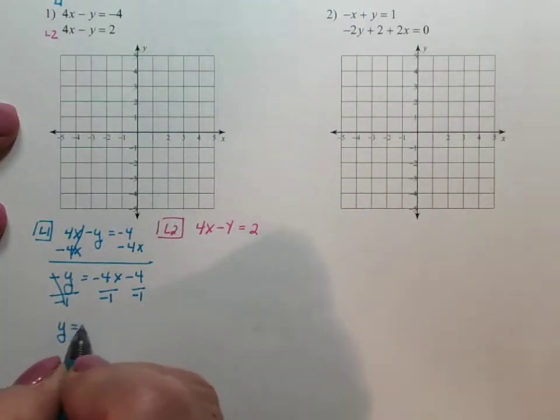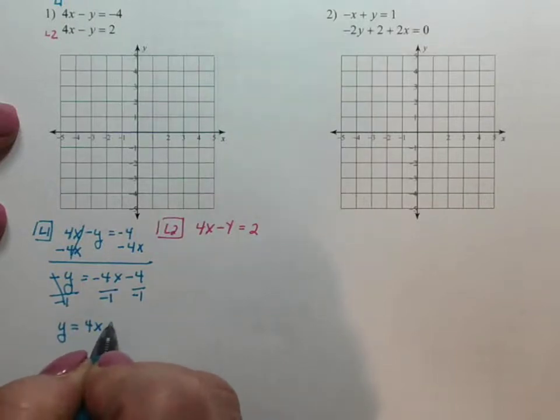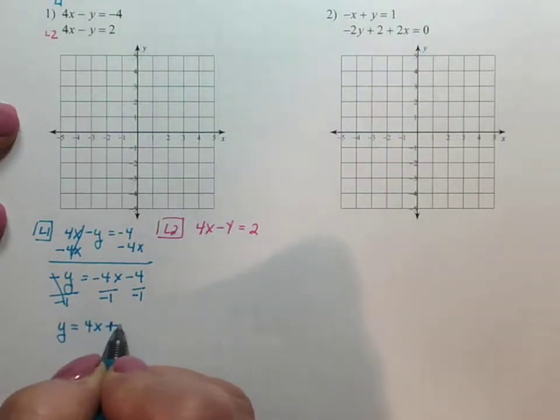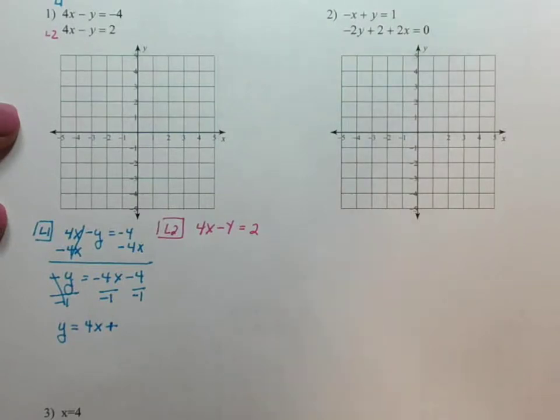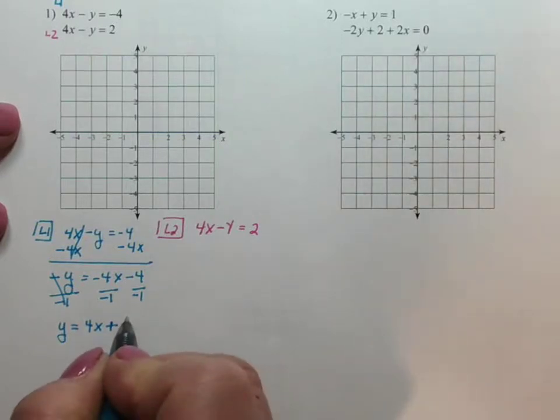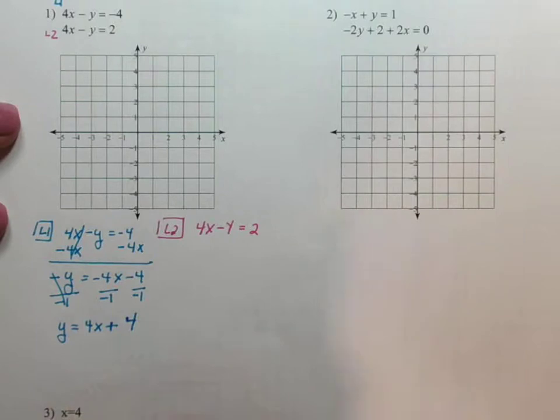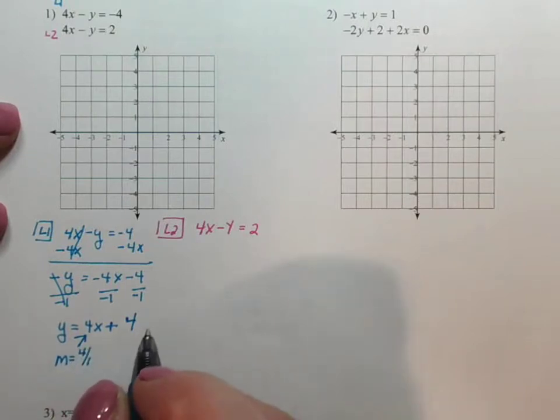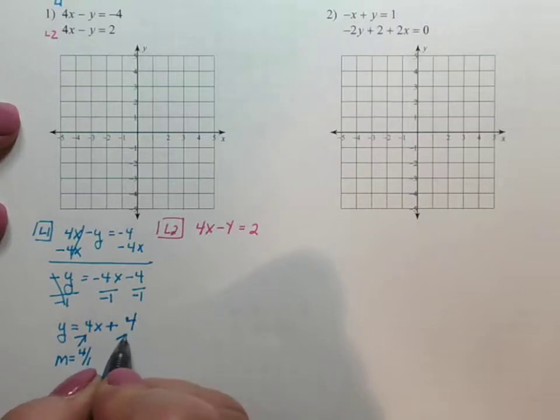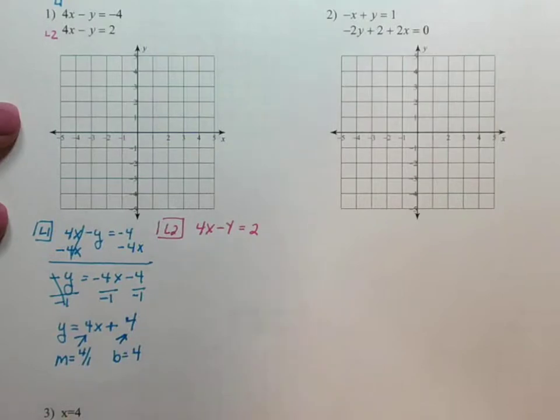And we get y equals 4x plus 4. So here, the slope is going to be 4 over 1, and the y-intercept is going to be 4.